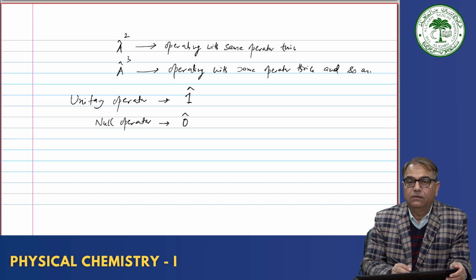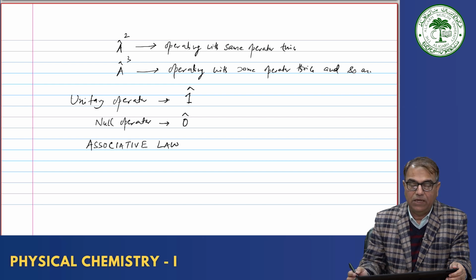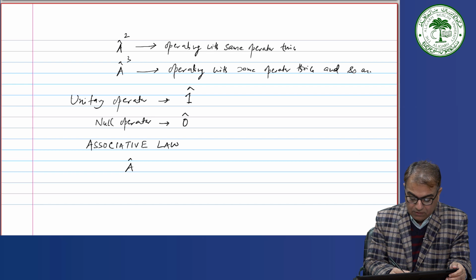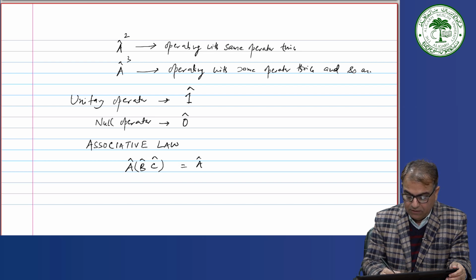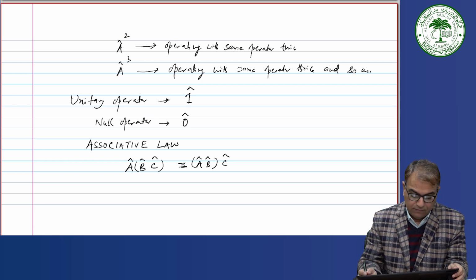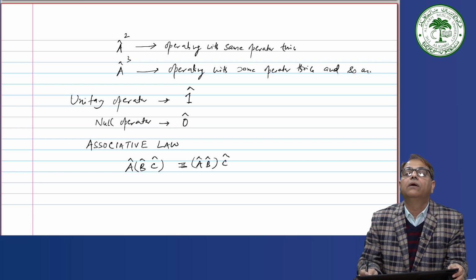Then the next thing is that operators show the associative law. Okay, what does it mean? (AB)C must be equal to A(BC).